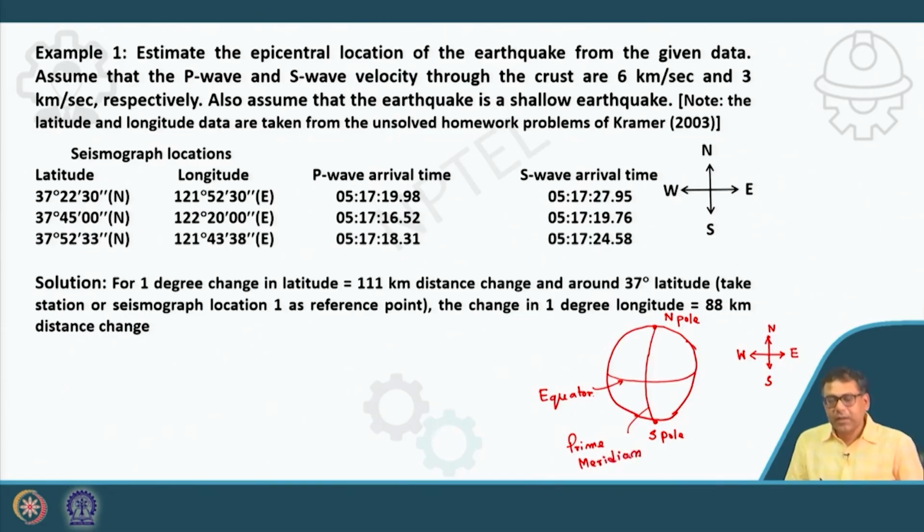Clear? Now from here I can draw these, which are my longitudes.